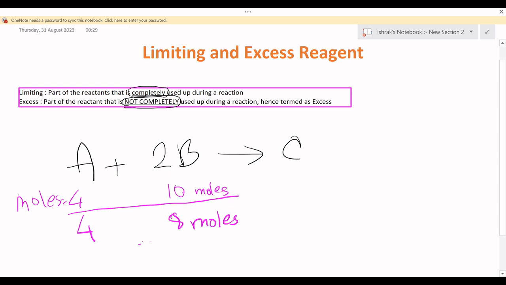Compared to this, we need 8 moles, but we have 10, so we have 2 moles extra. So anything that is extra is my excess reagent. And since this is excess, the other one must be my limiting reagent.